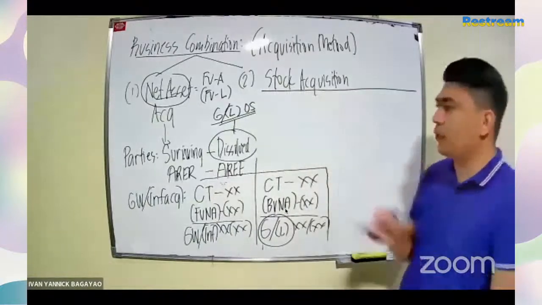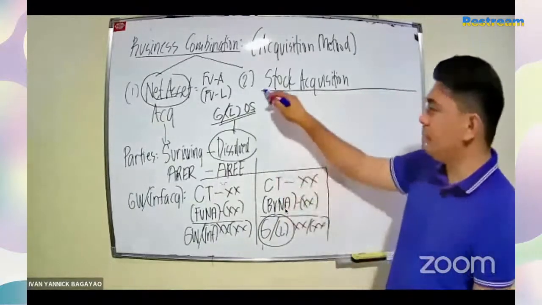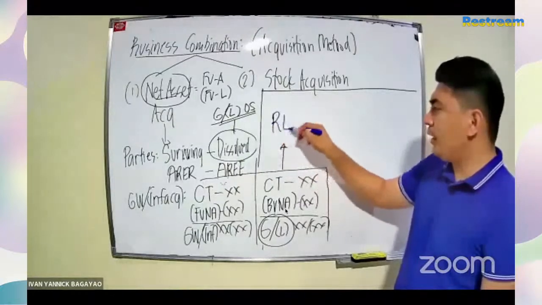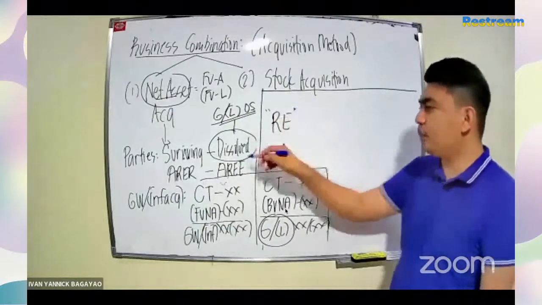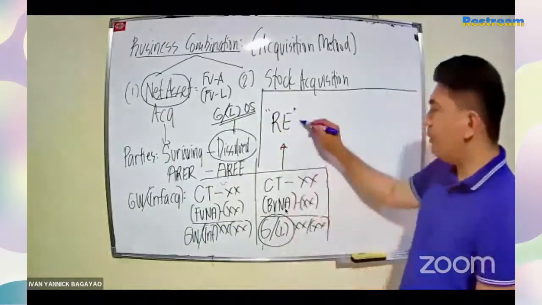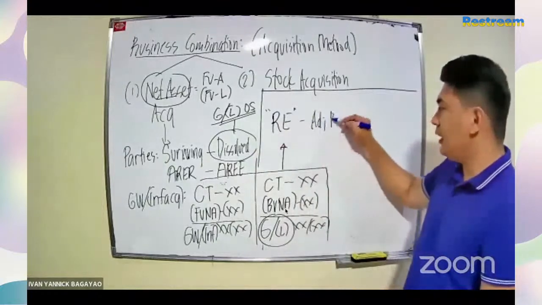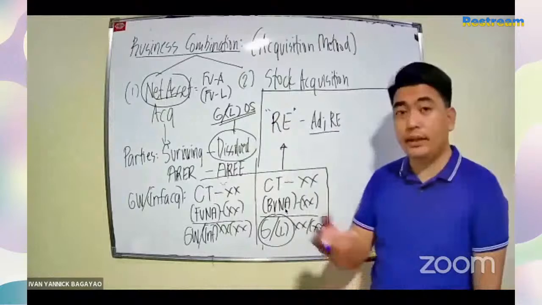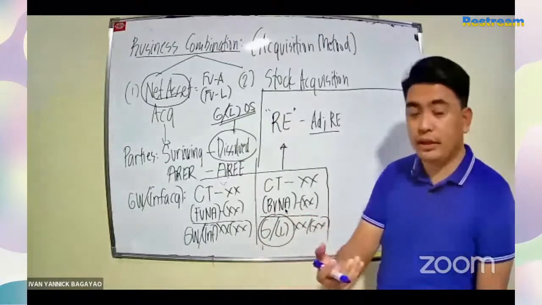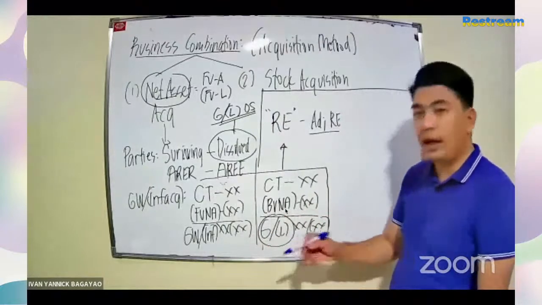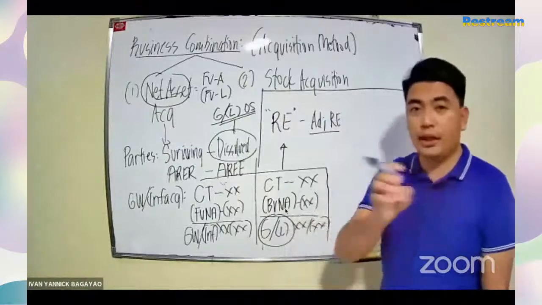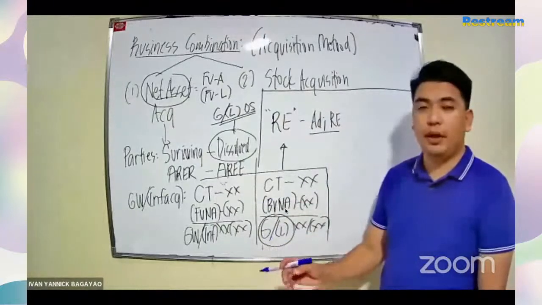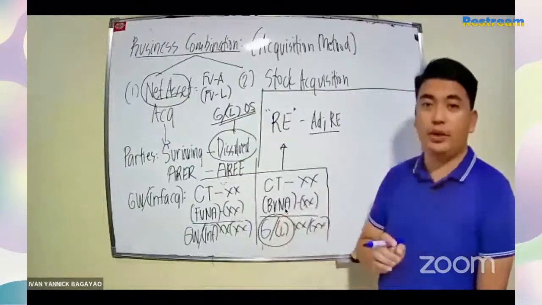Since the acquiree is dissolved, this gain or loss will be closed to its RE, the retained earnings of the acquiree, which is why we have adjusted RE. RE is capital, so credit is the normal balance. If the result is a loss, you debit RE and credit loss on sale. If it is a gain, you credit RE and debit gain on sale.